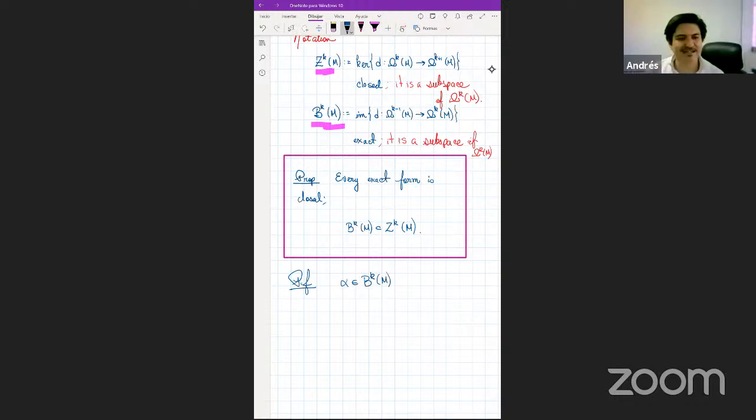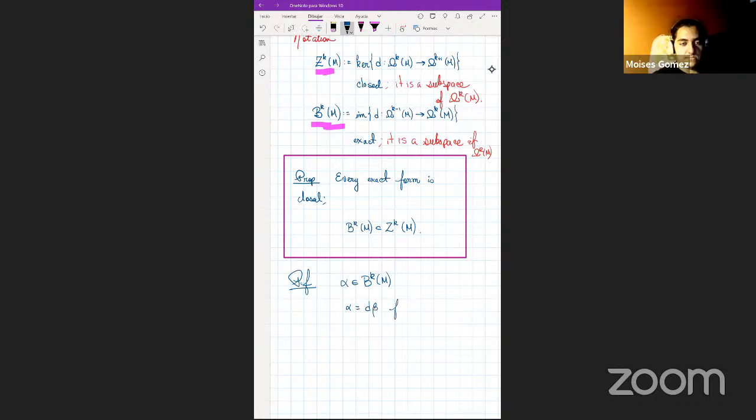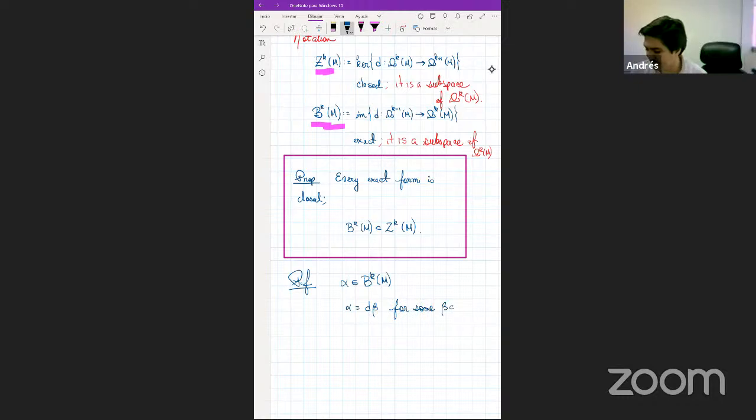If you take an exact form, what do you know? Alpha equals what? d of beta, for some beta of degree k minus 1.